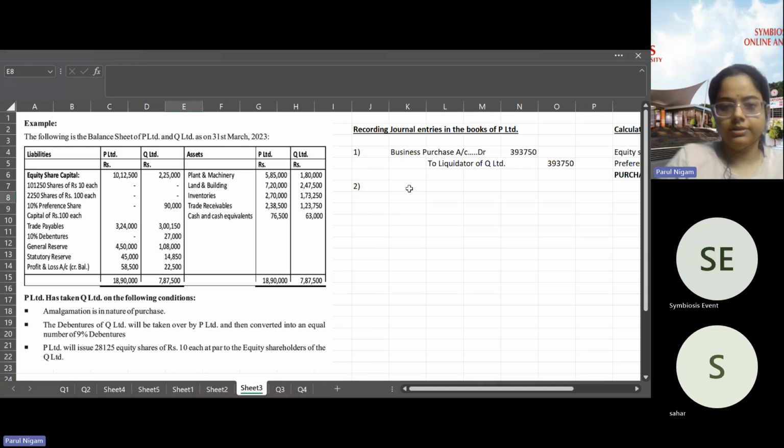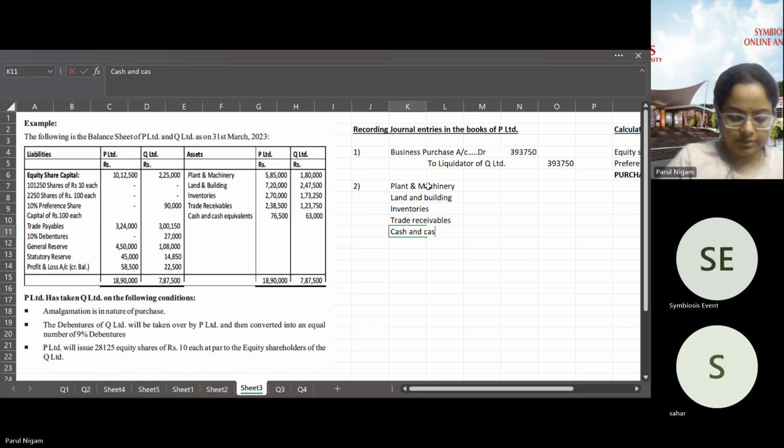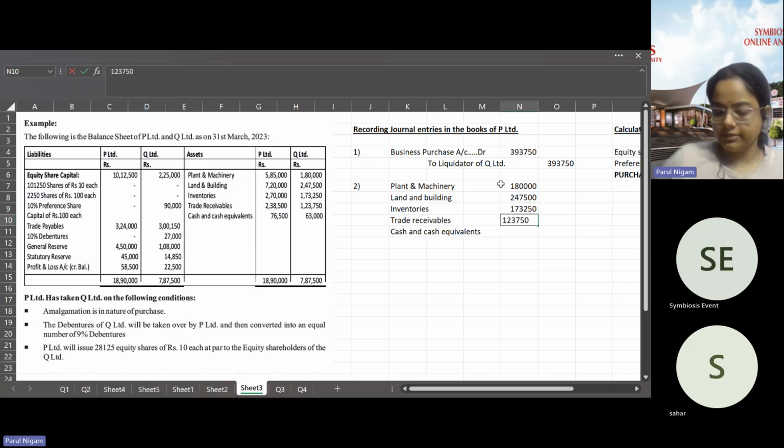So we'll record all the assets: plant and machinery, land and building, inventories, trade receivables, cash and cash equivalents, 1,80,000, 1,73,250, 1,23,750, and 63,000. So these are the assets you have taken over.